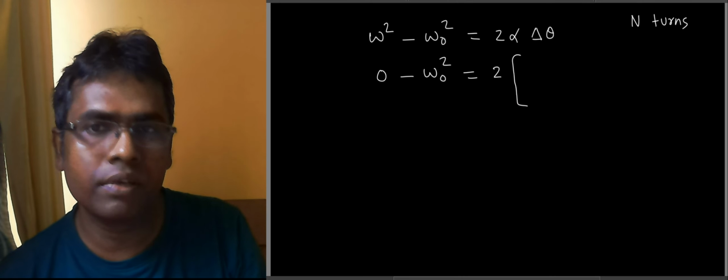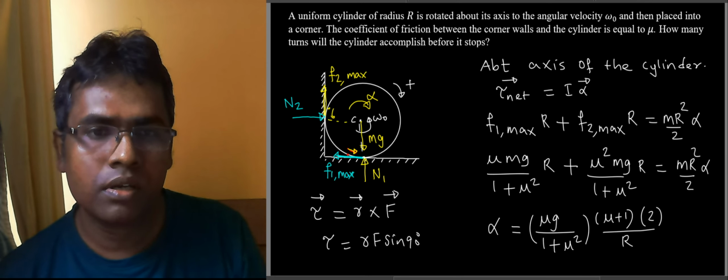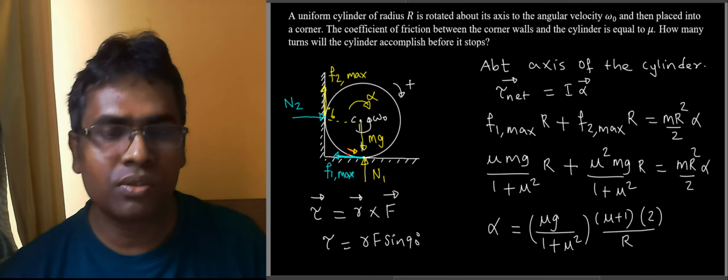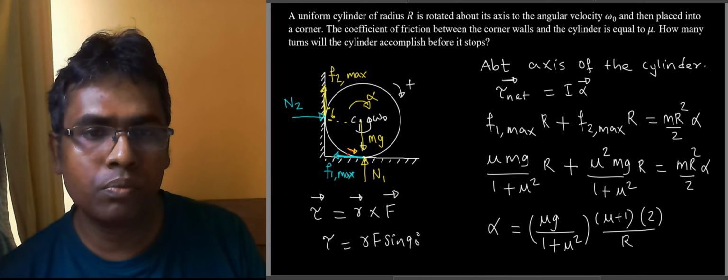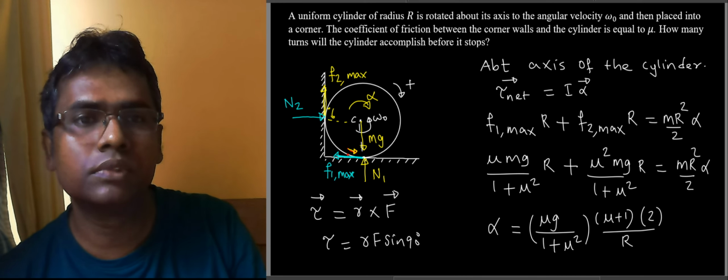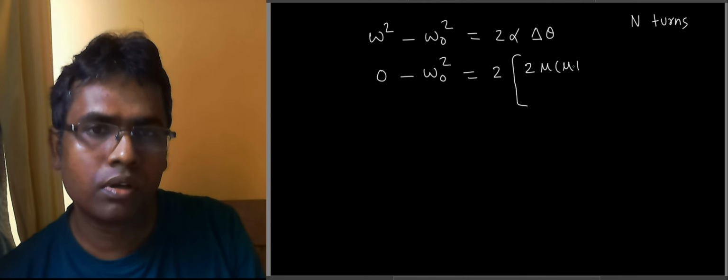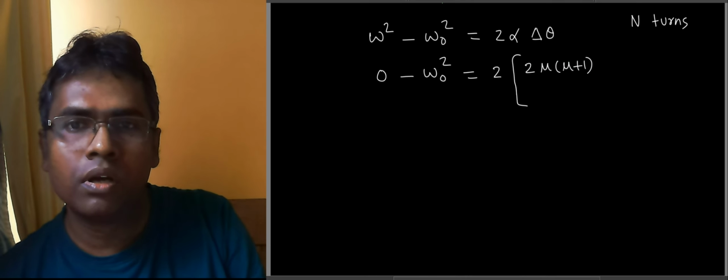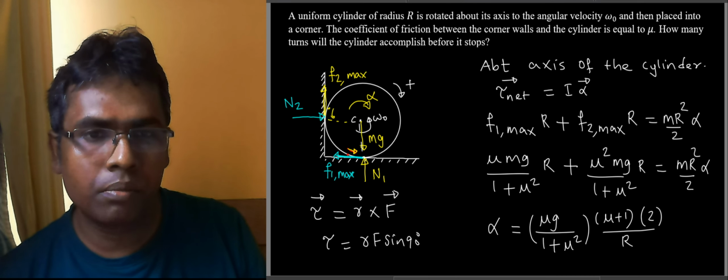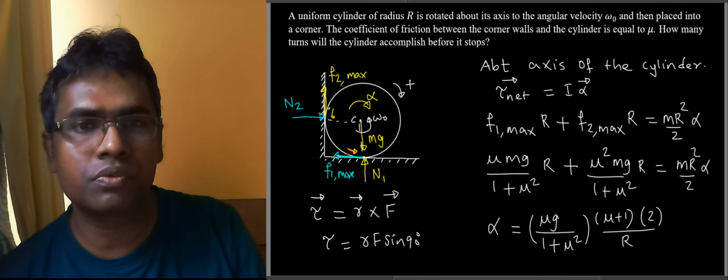Let's write down alpha. Let's transfer the huge term. So what do I have here? 2 into mu plus 1, carefully transfer this, plus 1 by r into 1 plus mu.